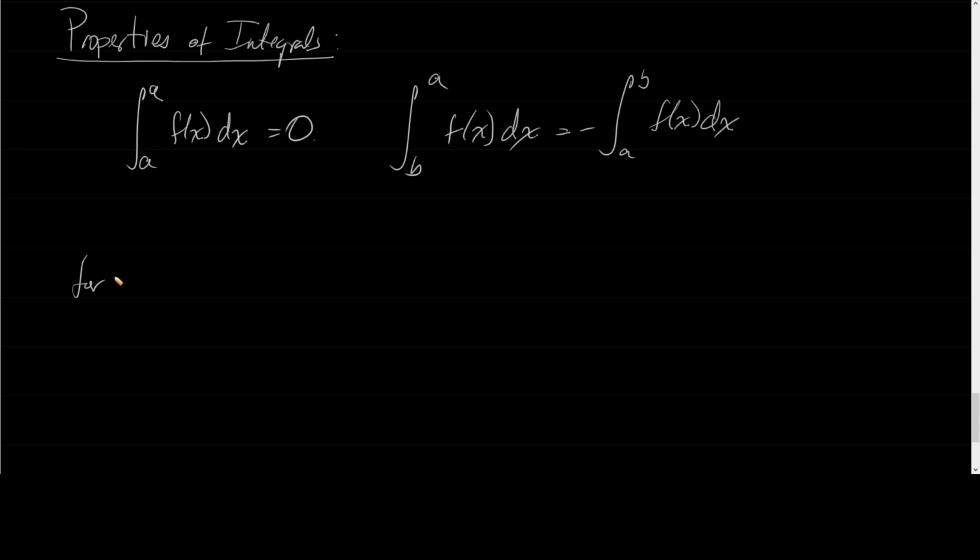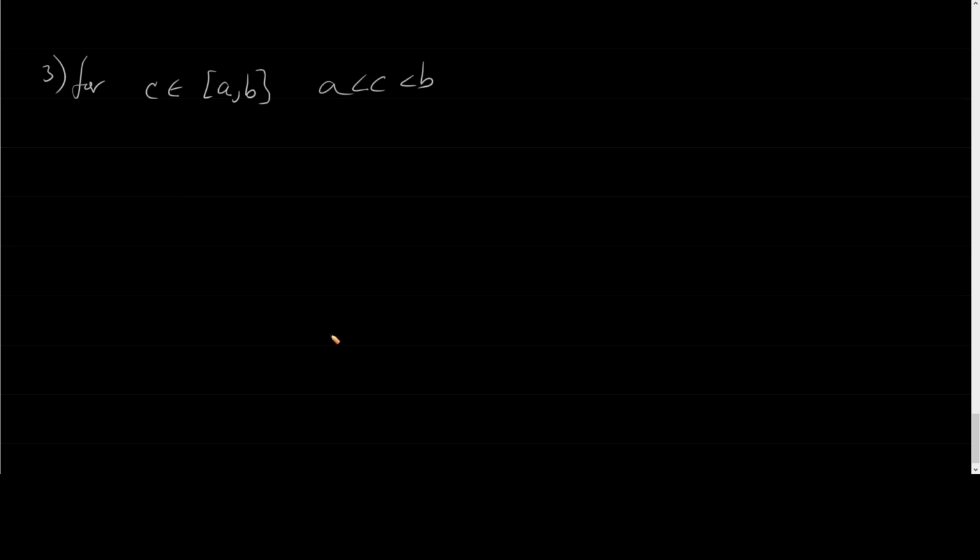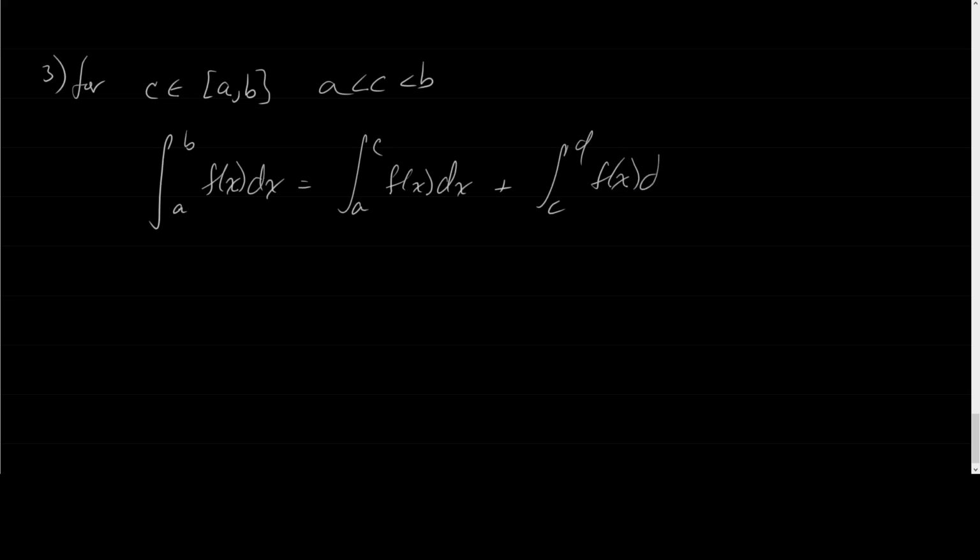So this is the first one, this is the second one, this is the third one. For c being somewhere in the interval from a to b, right? So we're saying that c is somewhere between a and b, right? The definite integral from a to b of f of x dx is equal to the definite integral from a to c of f of x dx plus the definite integral from c to b of f of x dx.